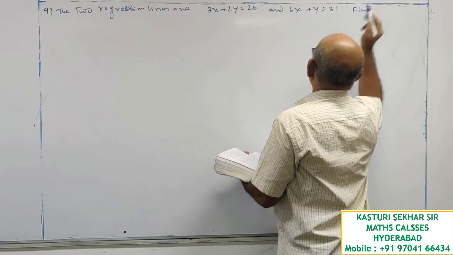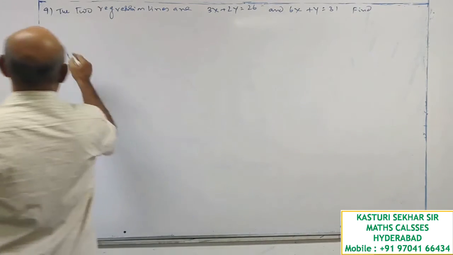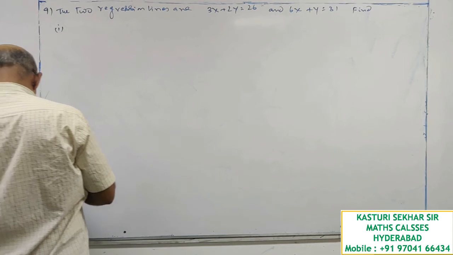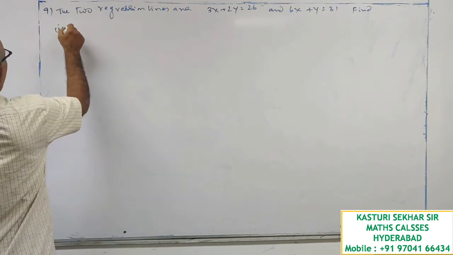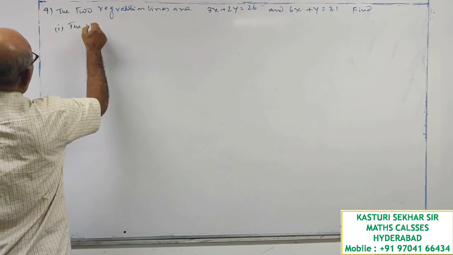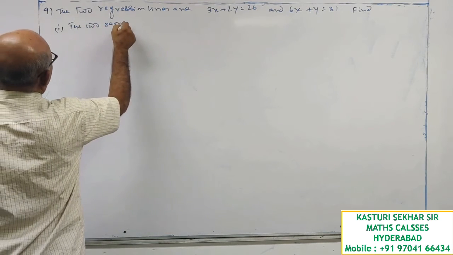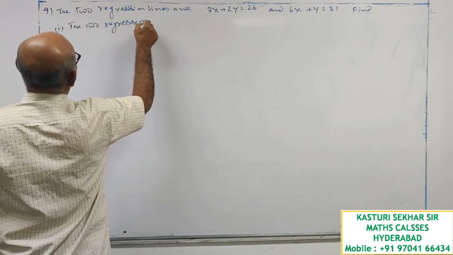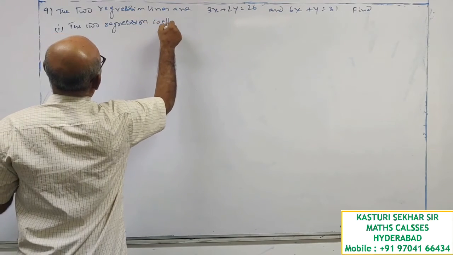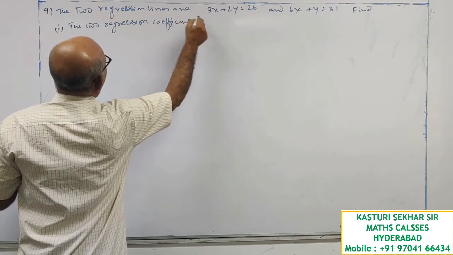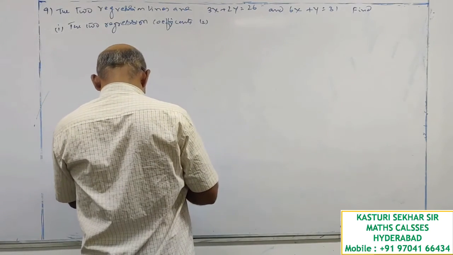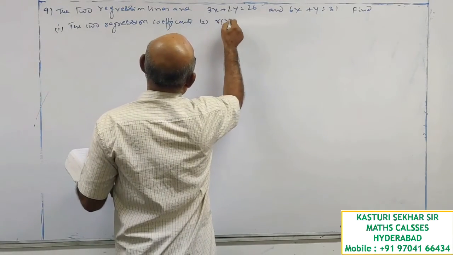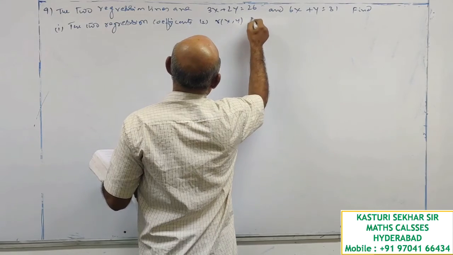Find: first question, the two regression coefficients. Second question, r of x comma y.